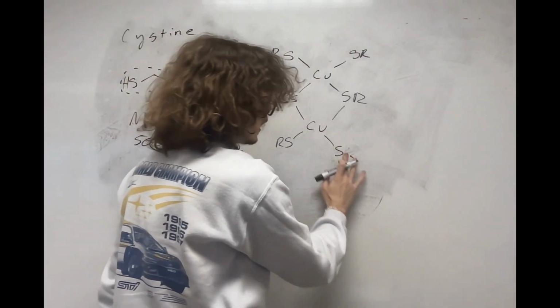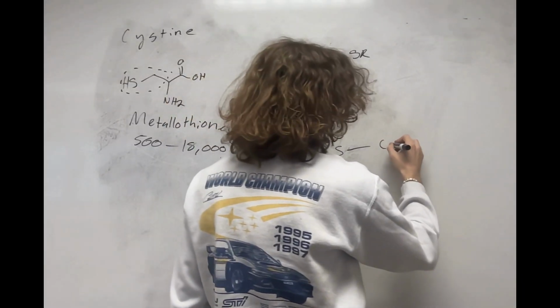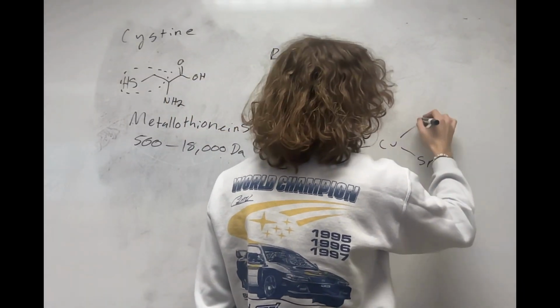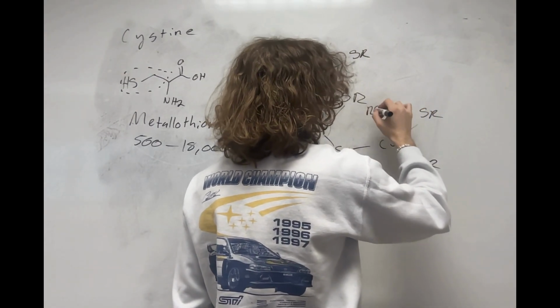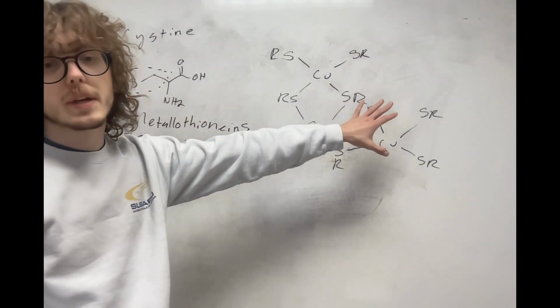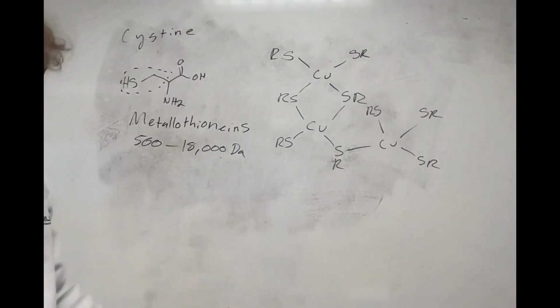And in fact, even here, it can branch out like this, and you're going to see these humongous webs grow. And I'm going to stop here, but these webs can get 500 to 18,000 daltons long.